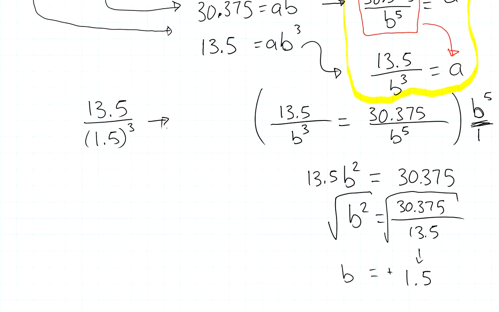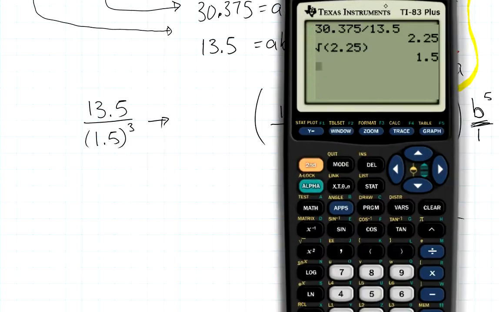So let's evaluate that expression, moving the calculator back over here. So I'm going to take 13.5, and I'm going to divide that by, open parentheses, 1.5, and I'm going to raise that to the third power.